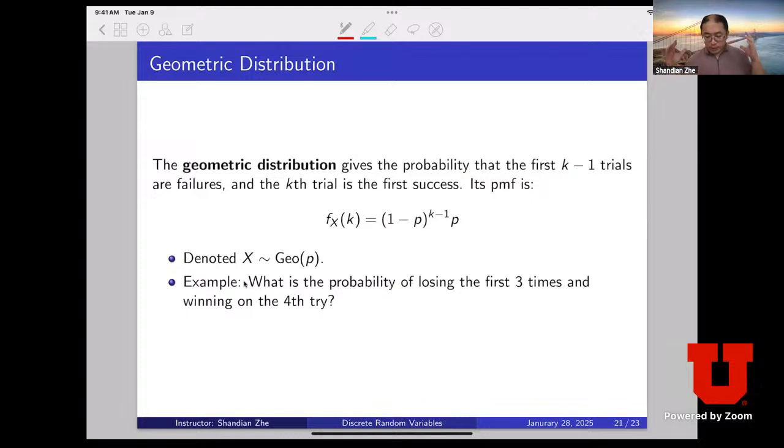It defines a particular type of event where the first k minus 1 trials are failures and only the kth trial is the first success. So here the random variable x is defined as the first time you see a success.